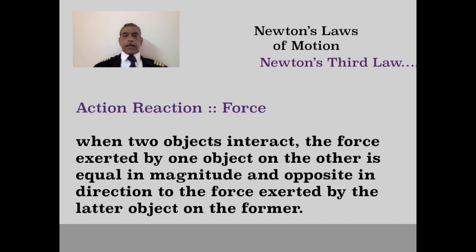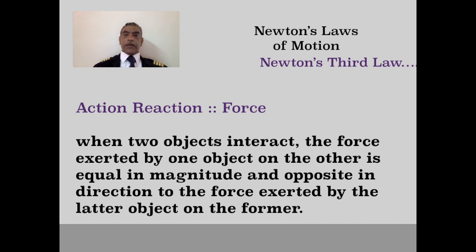All right, let's continue. Action, reaction, and the force. When two objects interact, the force exerted by one object on the other is equal in magnitude and opposite in direction to the force exerted by the latter object on the former.